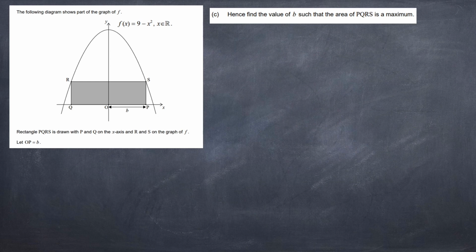Hence find the value of b such that the area of PQRS is maximum. Here you need to understand two small topics that I will discuss in this video.